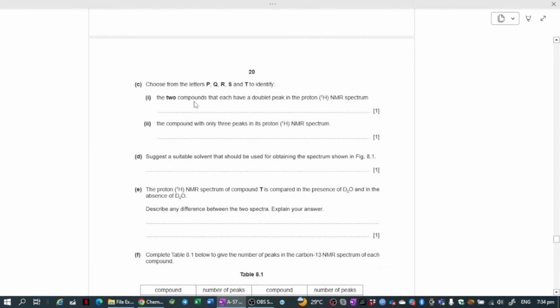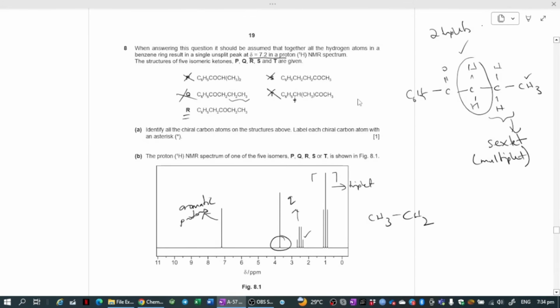Then they tell us, choose from the letters P, Q, R, S, and T to identify the two compounds that each have a doublet peak in the proton NMR spectrum. Right, so a doublet peak. So if we have a doublet peak, it's a proton that's adjacent to 1, right? There's one adjacent proton. So which species here would give a doublet peak?